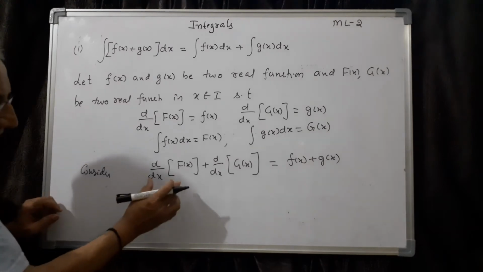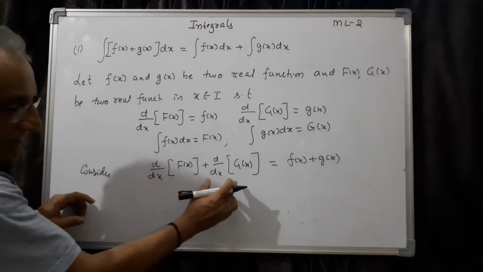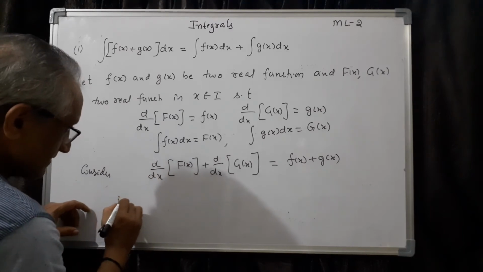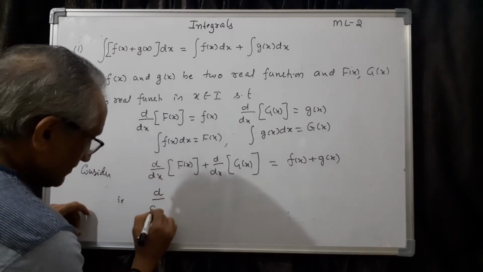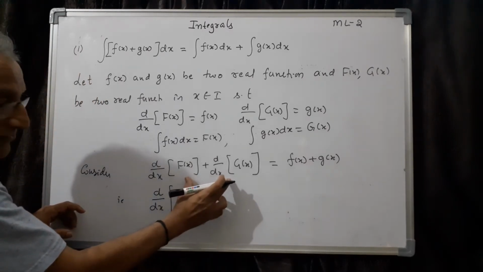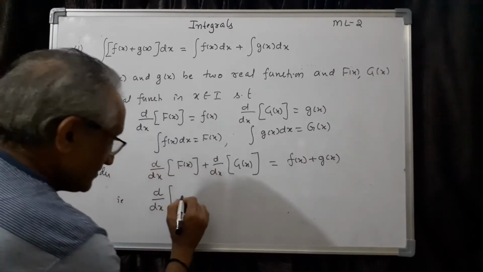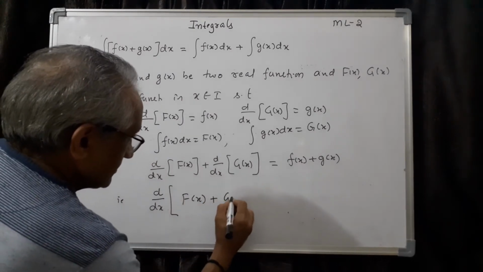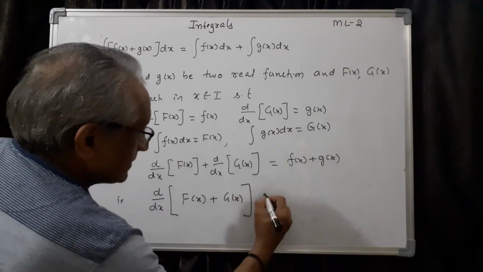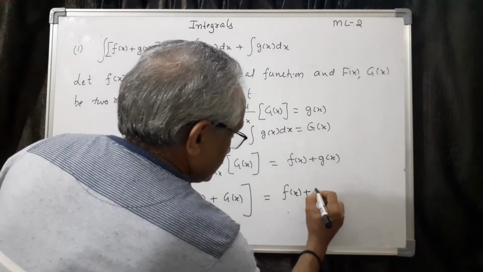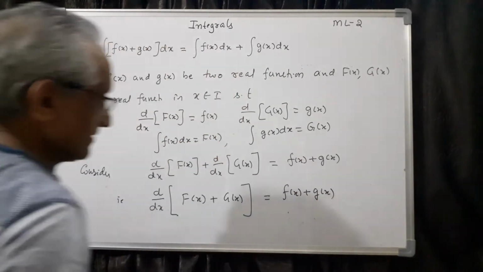Now, you know that in differentiation, if a sum is given like this, I can take d by dx common, because the addition rule is already known for differentiation. So this is d by dx of F(x) plus G(x), which equals f(x) plus g(x).